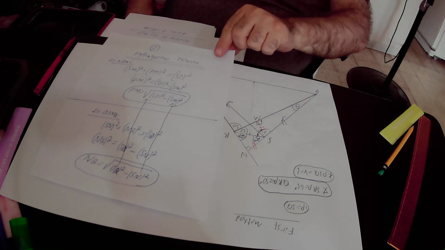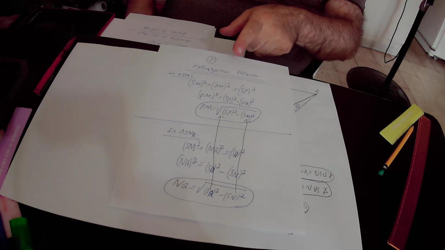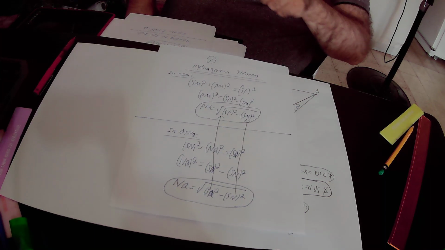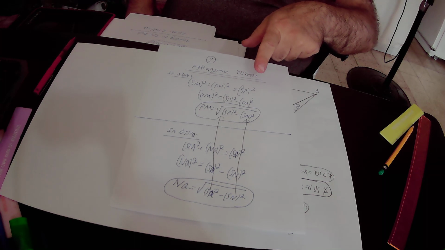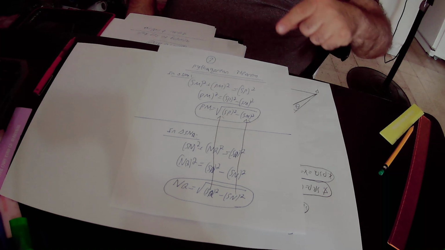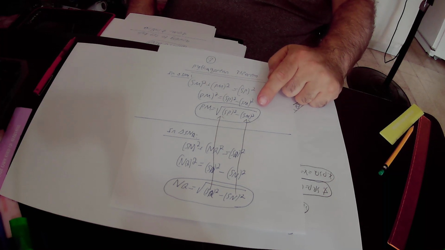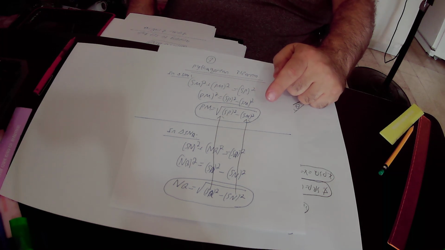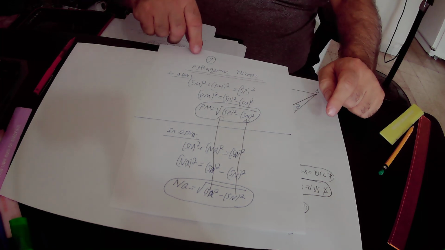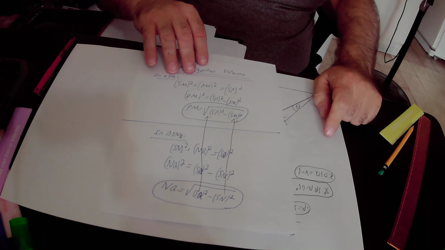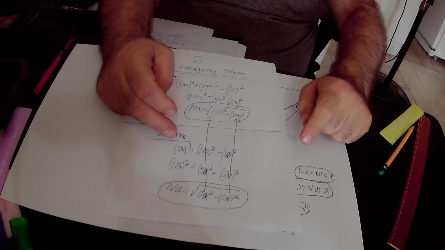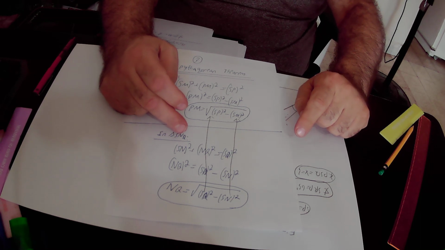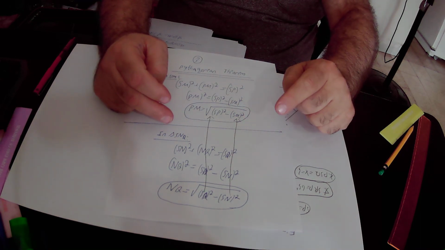We subtracted SM square from this equality and got that PM square equals SP square minus SM square. We took the root and got that PM equals the root of SP square minus SM square. Then we focused on the right triangle SNQ, and according to the Pythagoras theorem, SM square plus NQ square equals SQ square.